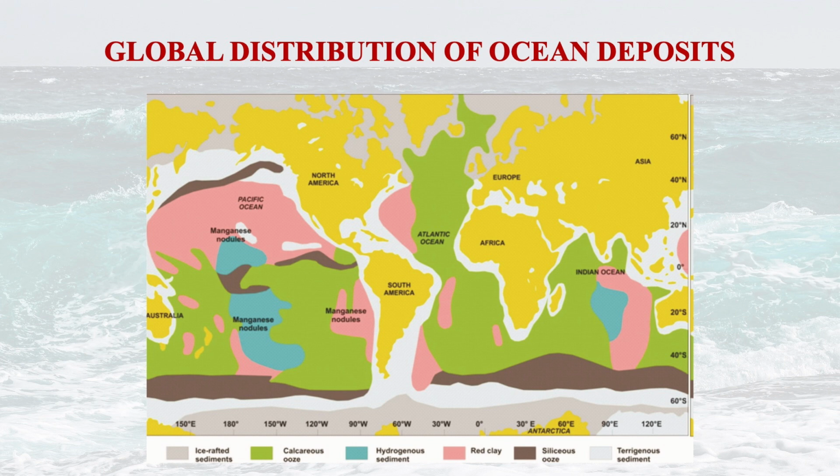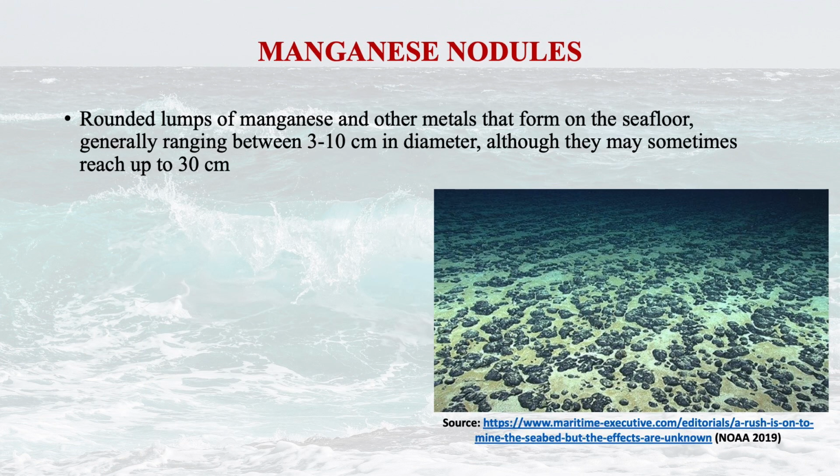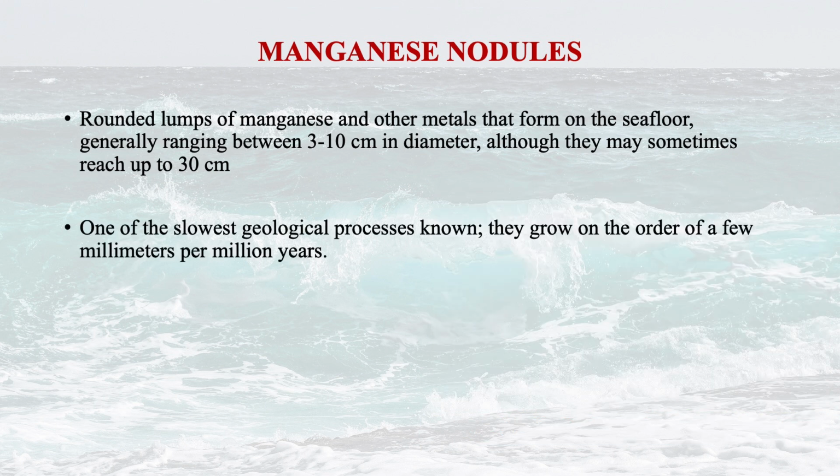So what are these actually? Manganese nodules are rounded lumps of manganese and other metals that form on the sea floor, and they are about 3 to 10 centimeters thick, and sometimes may even reach about 30 centimeters. They are due to one of the slowest geological processes, and they grow in the order of a few millimeters over a million years.